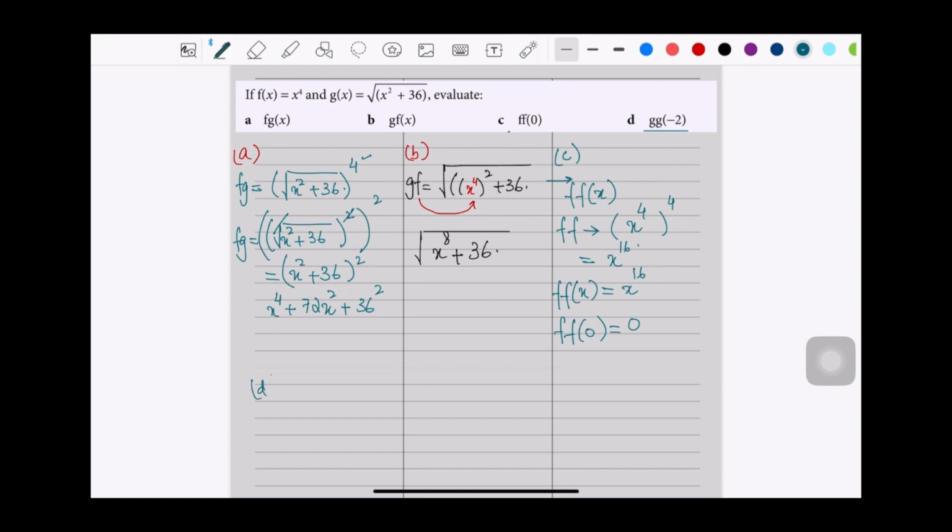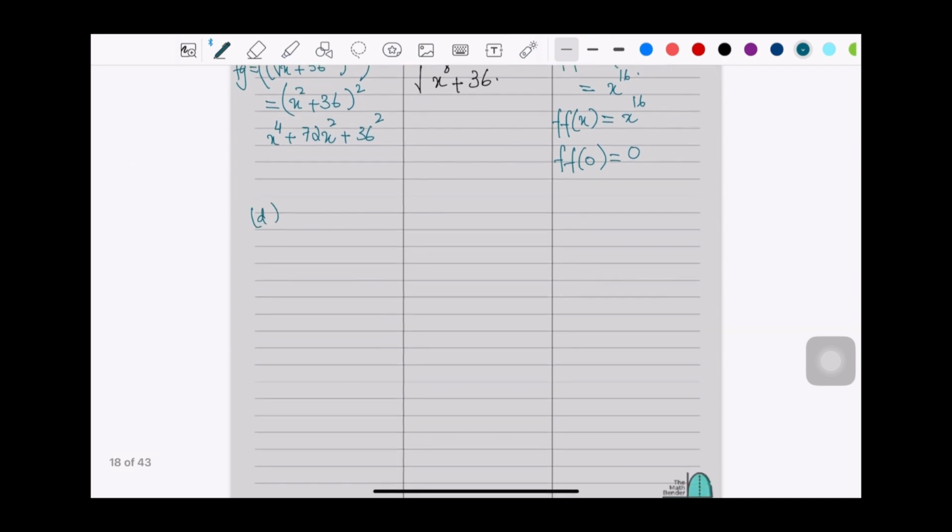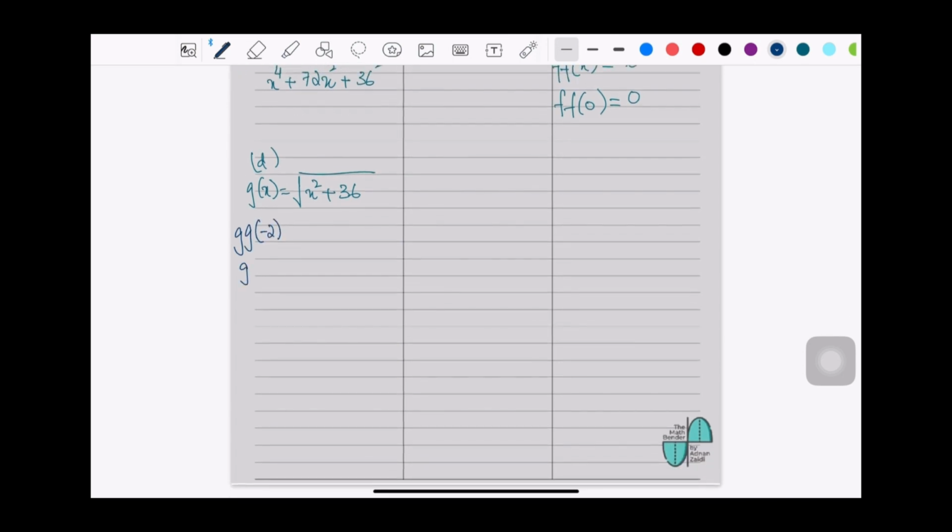So for part D, g of g of negative 2, so g of x is equals to root x squared plus 36, and I need to find out g of g of negative 2. So first step, find g of negative 2. This is going to be root negative 2 squared plus 36.